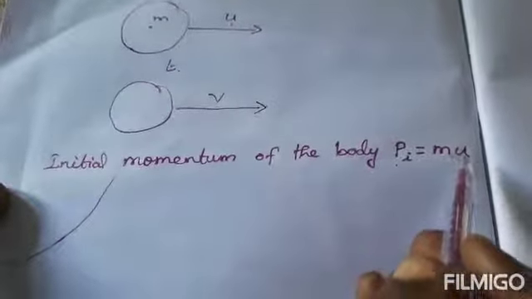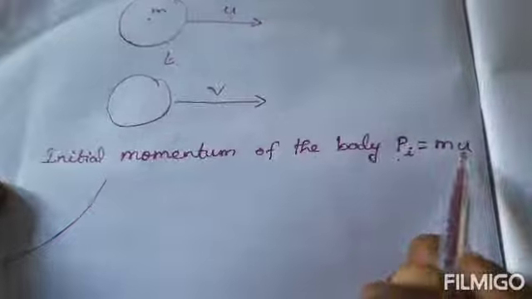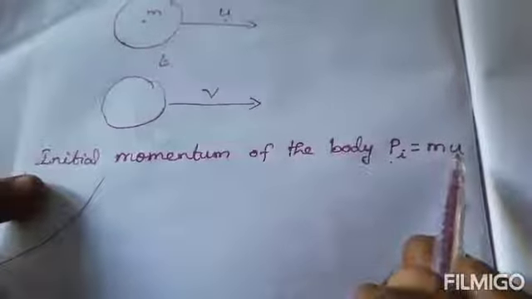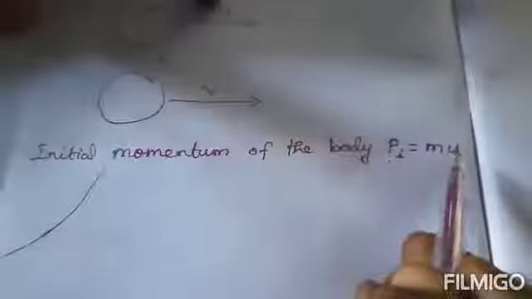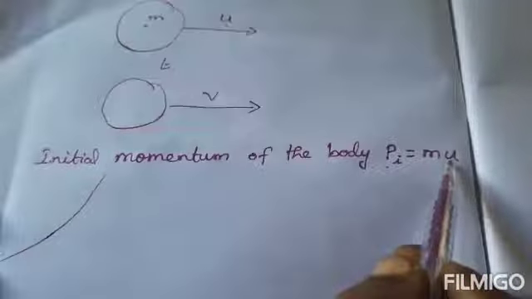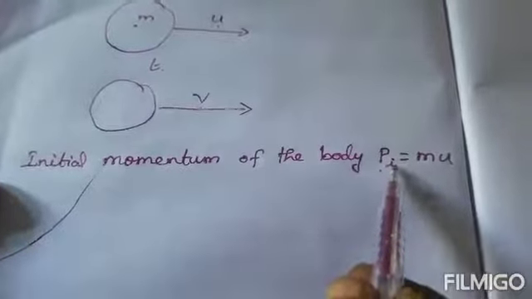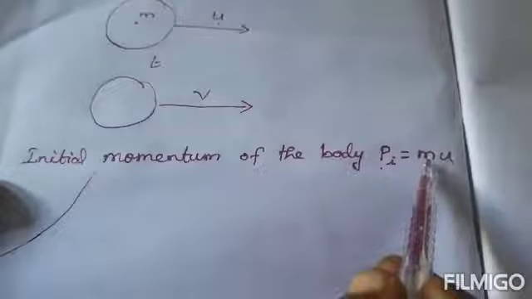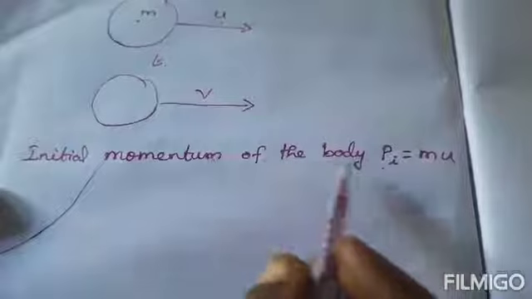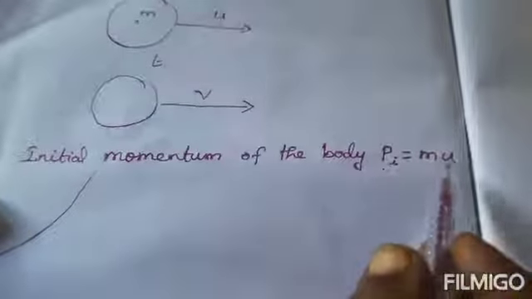P equal to m into v. Why here have we written u? That is the initial velocity, so we are writing u here. So the initial momentum of the body, Pi, with suffix i, equal to mu. Do all of you understand this line? Initial momentum of the body Pi equal to mu.